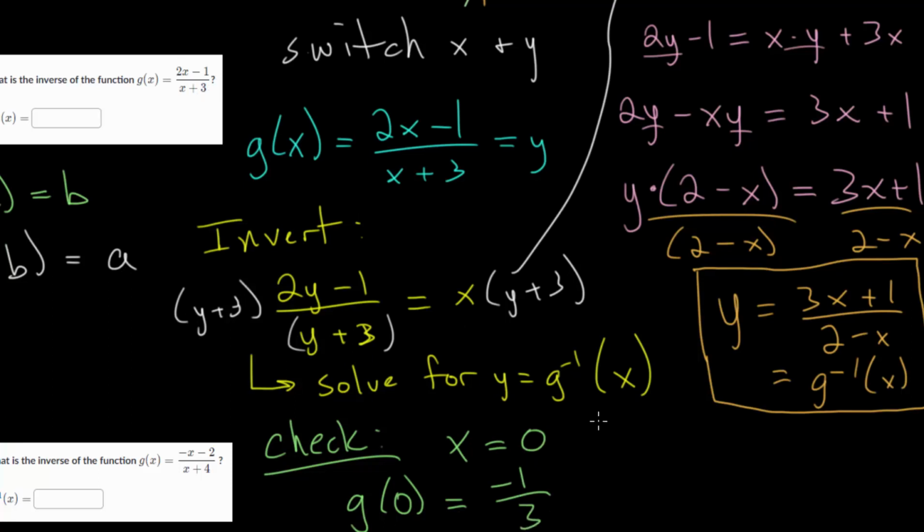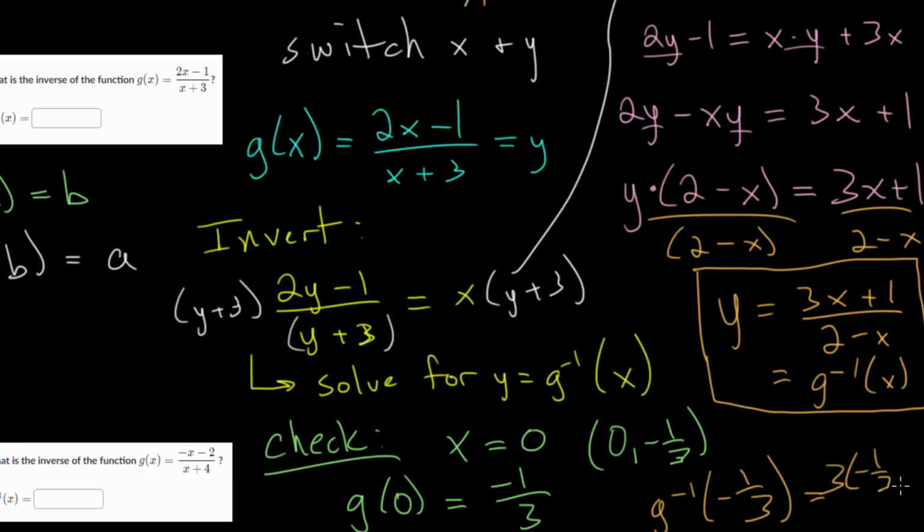So this goes through the point (0, -1/3). So our inverse function should go through this point switched. So if we plug in -1/3 here, we should get back 0. So let's quickly do that. So plugging in -1/3 to this inverse function, we have 3 times -1/3 plus 1, all divided by 2 minus -1/3, or 2 plus 1/3.